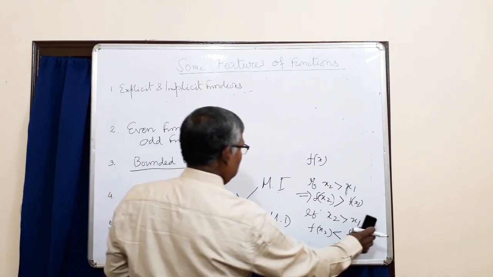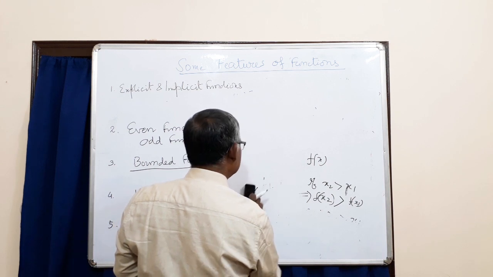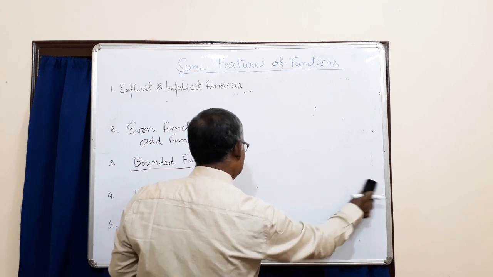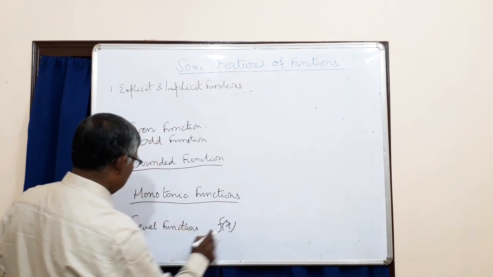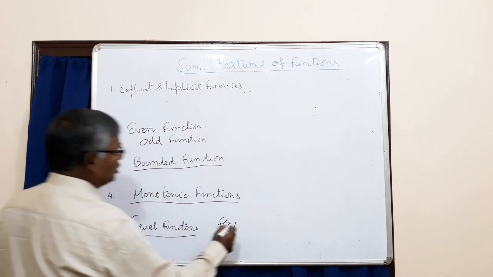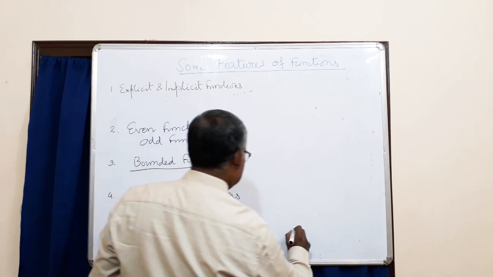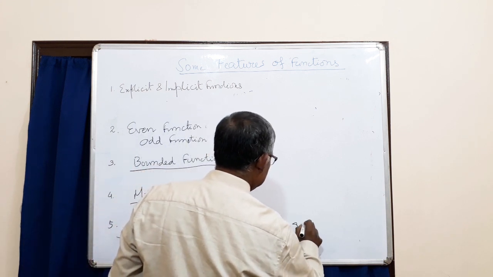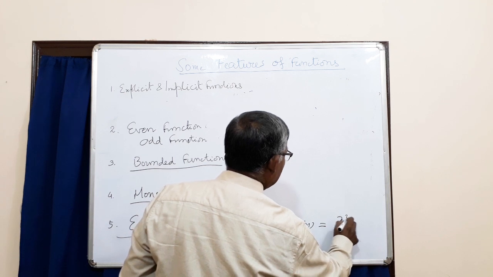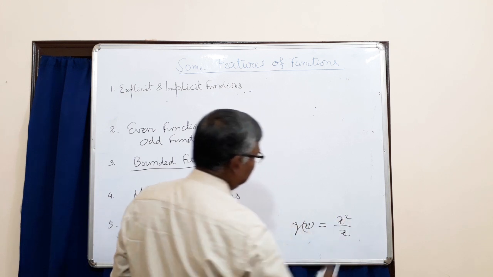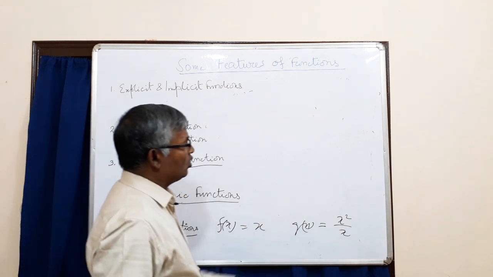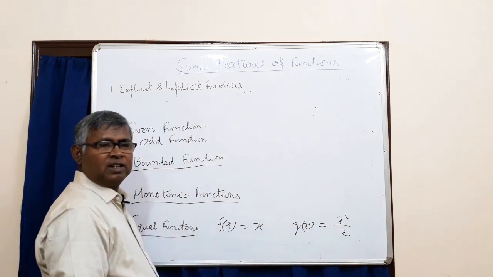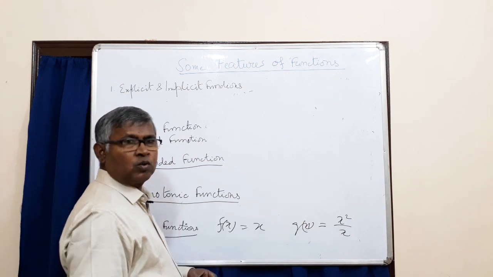Now see another important function, equal function. Suppose f of x equals x and g of x equals x square by x. You see, when x equals 0, g of x is undefined. So f of x and g of x are not equal.